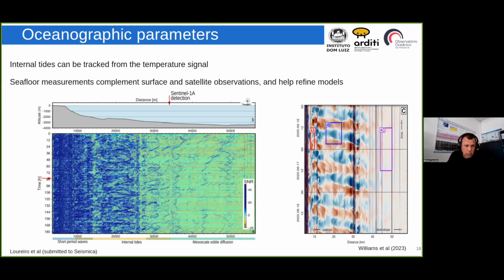In the larger figure, we can see on the right side some events that are going back and forth. We believe that they are a mesoscale eddy that's being pushed around by the tide and dissipating. And in the middle part, around 2,000 meters distance, we can see some back and forth events also, but with stronger signal. These are internal tides that periodically go up and down the island slope of Madeira.